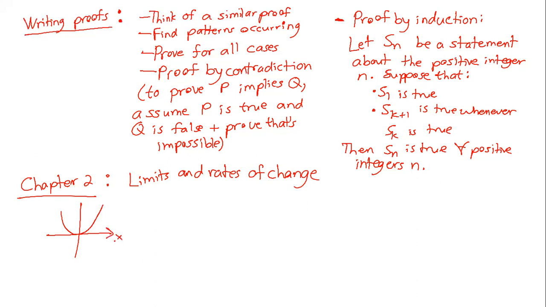And so here we have x and here we have y, and this is y equals x squared. So here's my curve. And so I can take these points here.